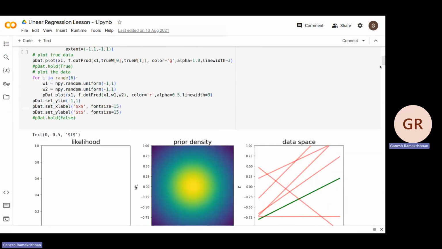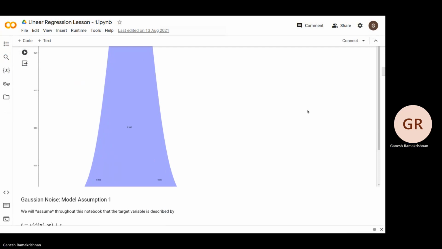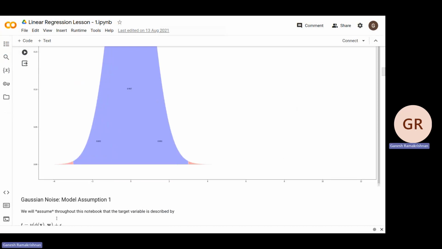This talks about the probabilistic interpretation of linear regression to begin with, and basically how linear regression assumes Gaussian noise, right? The epsilon difference between the actual observation and the Y's has a Gaussian noise.